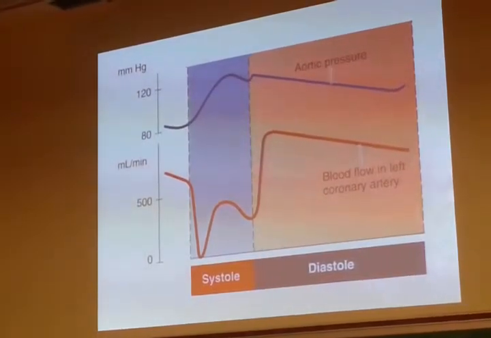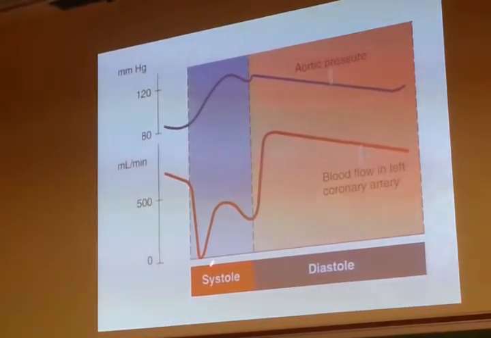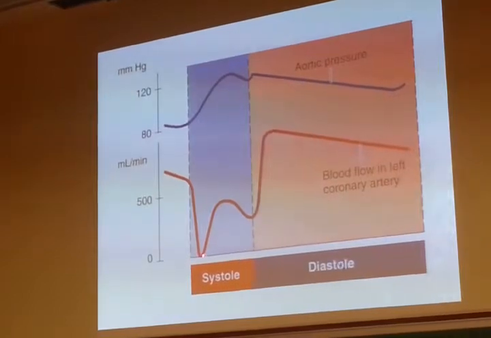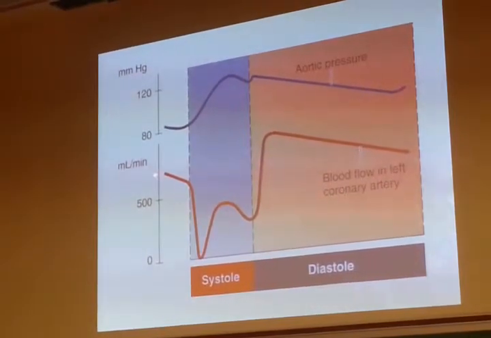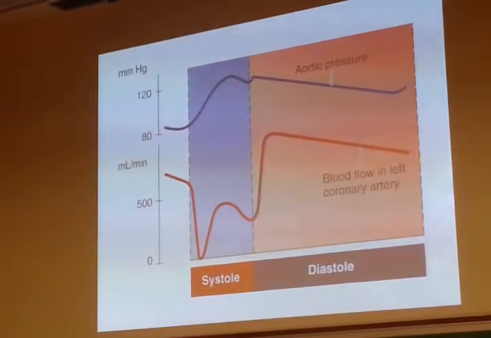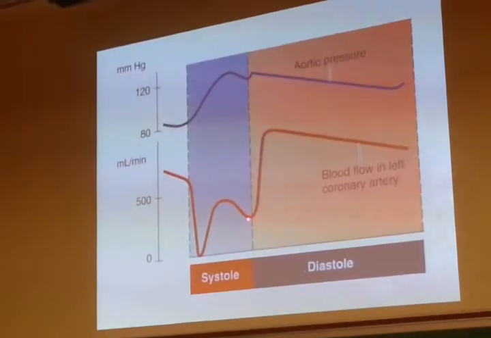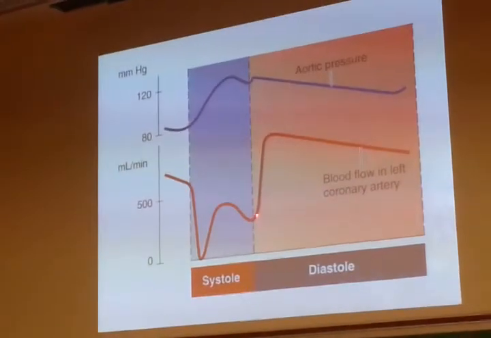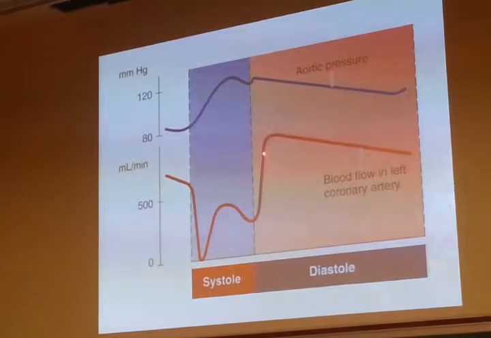So next graph, they're talking about blood flow in the left coronary artery. You see that during systole, the blood flow is actually either zero or about 50% of what it is during the diastolic portion of the heart. So at the end of systole, after the muscles are starting to relax, then the blood starts to flow into the coronary arteries.